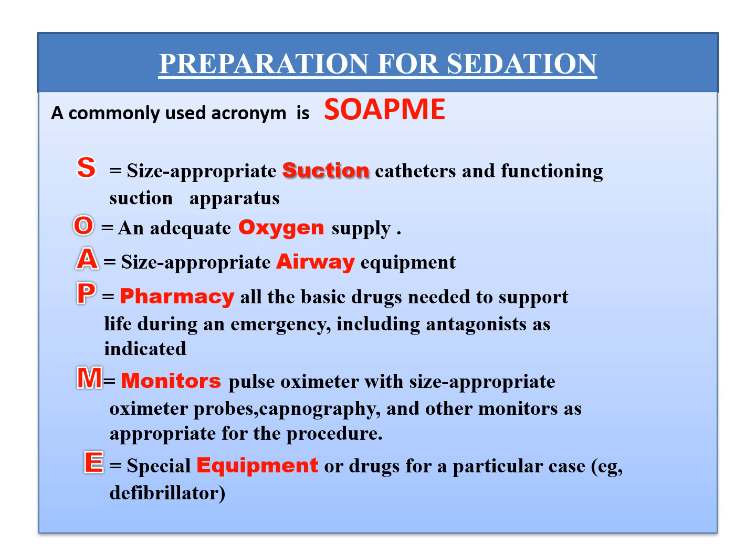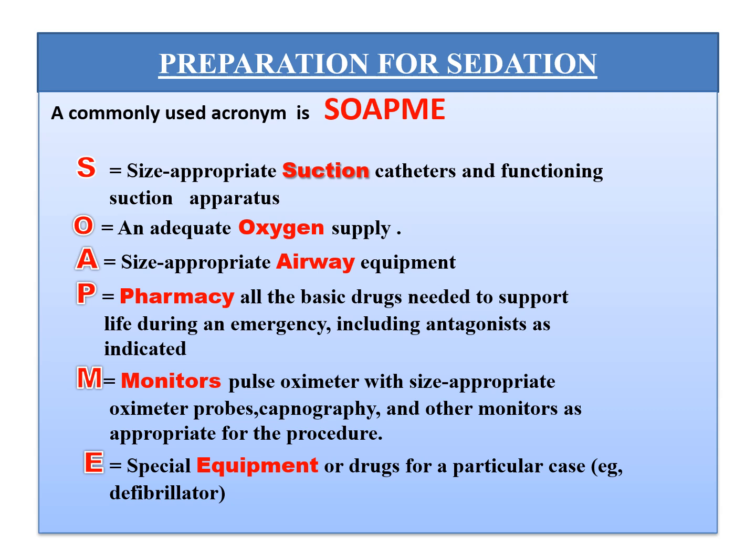SOAPME is the preparation for sedation. S for size appropriate suction catheters, and a functioning suction apparatus should be available. O for oxygen, the oxygen supply should be adequate. A for airway, size appropriate airway equipment should be available in the operation theater. P for pharmacy, all basic drugs, all antagonist and reversal agents, and emergency drugs should be available.